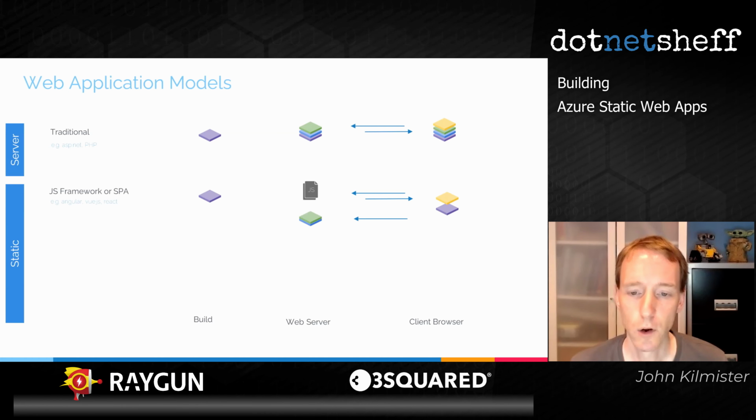Now, it's been acknowledged more recently that that's a problem from an SEO perspective, also from a usability perspective on slow devices and various other things. So one option is to build what we call a static site, or use a static site generator to build everything up front. So at build time, we're running a load of JavaScript code, and we're going and getting additional data from APIs, from third-party databases and various other bits and pieces.